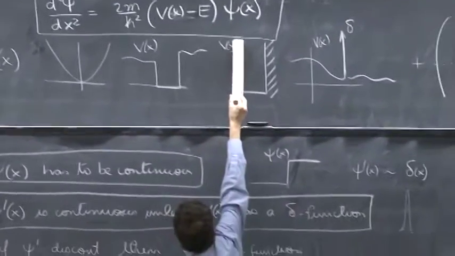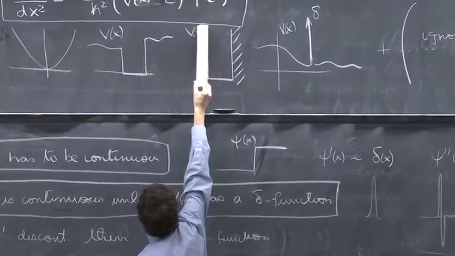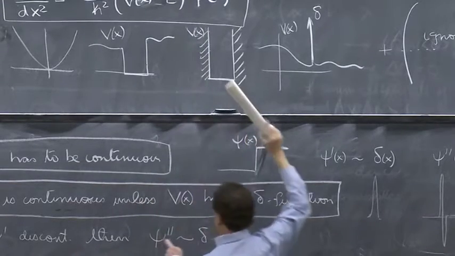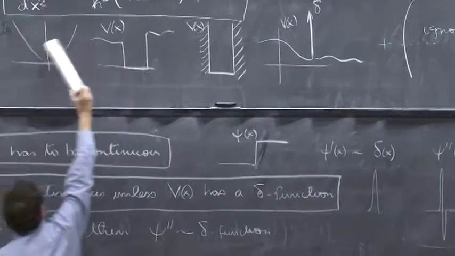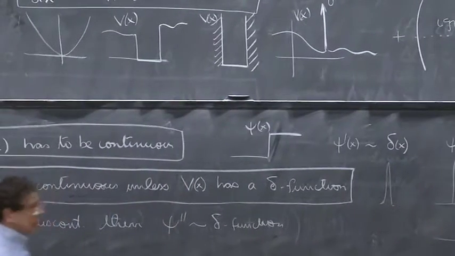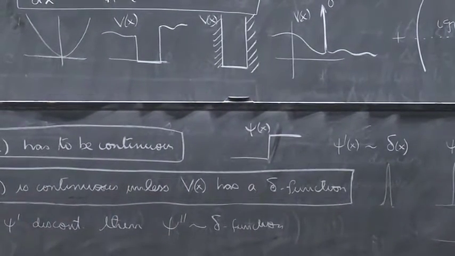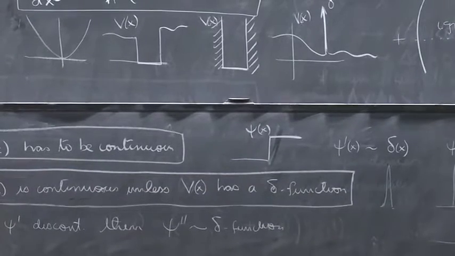But here, psi just takes some value. There's nothing strange about it. In order for a delta function, which is psi double prime, to be equal to this right-hand side, V of x must have a delta function.